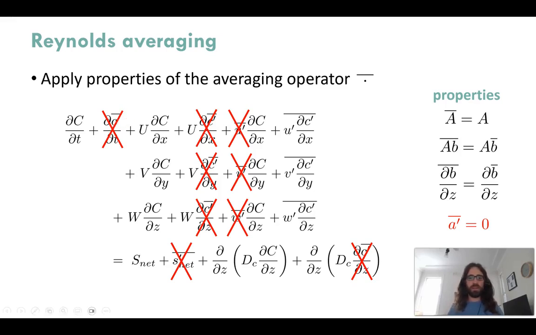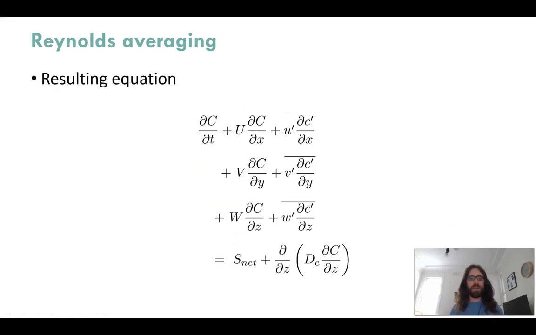The only thing that's remaining are these terms that include a coupling between the velocity fluctuation and the derivative of the concentration fluctuation. So what we get as a result of this Reynolds averaging is a version of the equation shown here, where I've simply removed all of the neglected terms that go away due to our averaging rules.